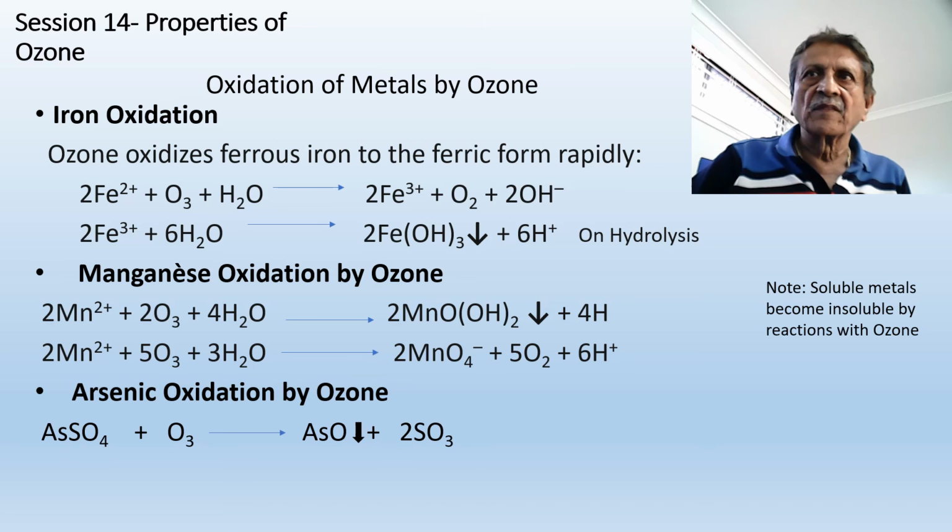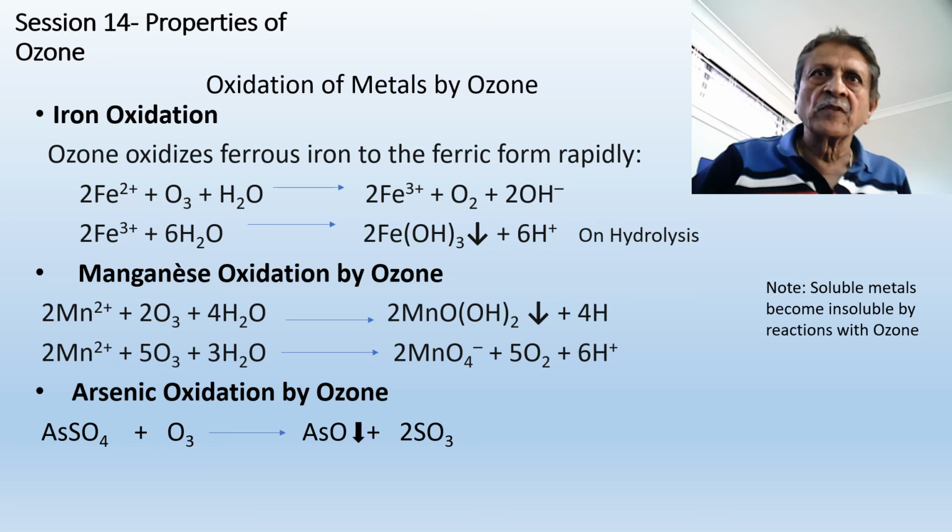Of course, we have to be very careful with respect to further application of ozone because this manganese hydroxide may be converted to permanganate, becomes soluble. So insoluble manganese hydroxide will become soluble permanganate, which is not suitable for us.